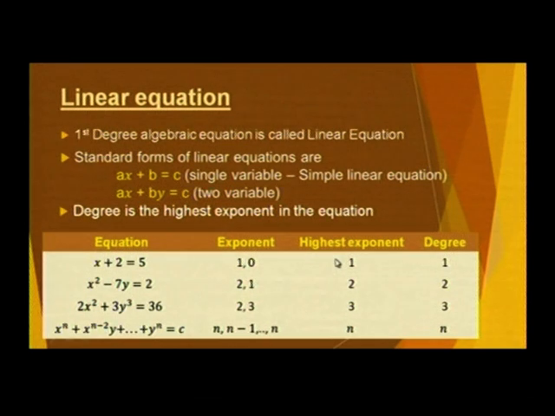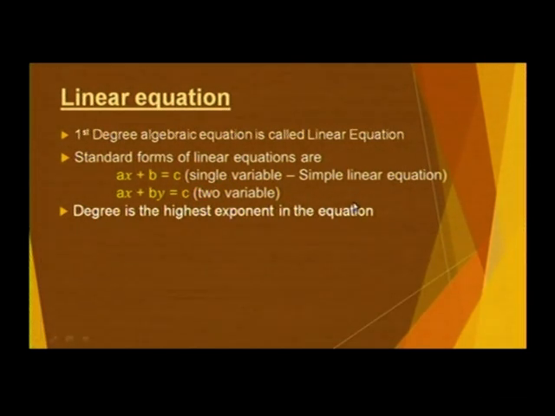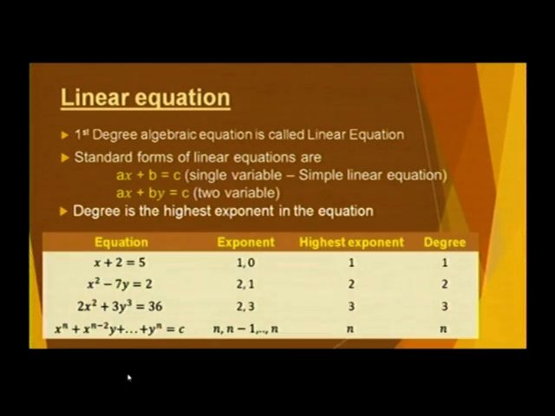And what is the highest exponent, 0 or 1? Yes friends, your expectation is absolutely correct. The highest exponent is 1, and the degree is also 1. And another equation is x² - 7y = 2.